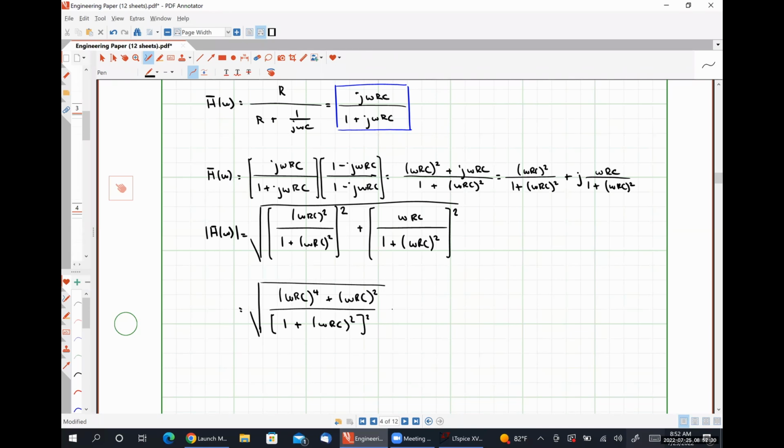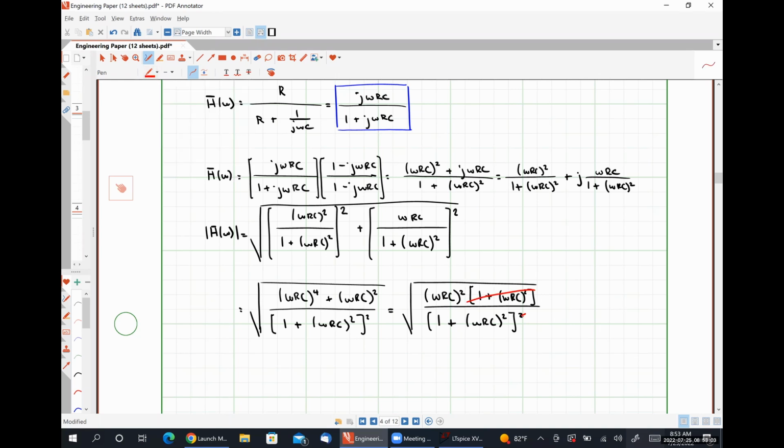On the same line here, I'm going to factor out a common factor of omega RC squared. So we're going to have omega RC squared times 1 plus omega RC squared over 1 plus omega RC squared squared.